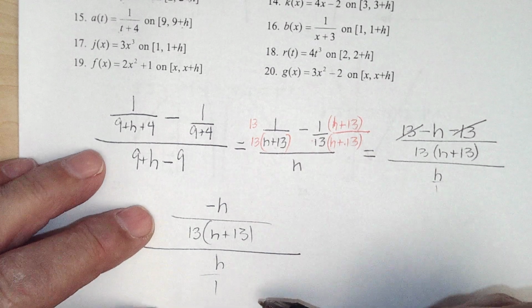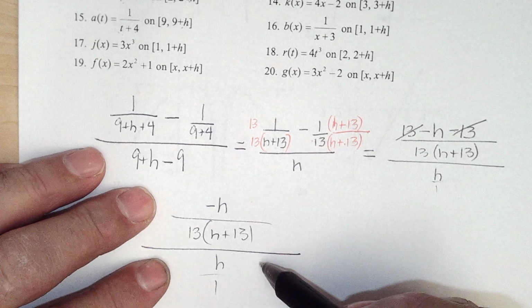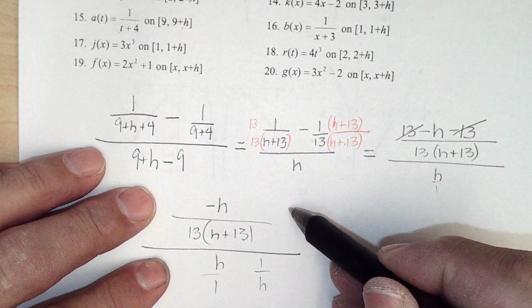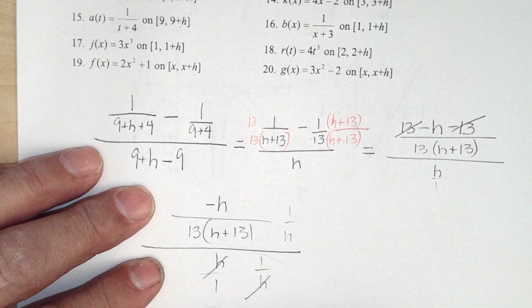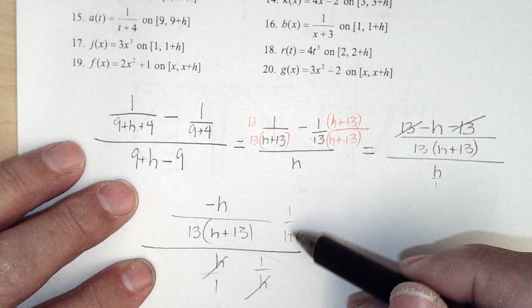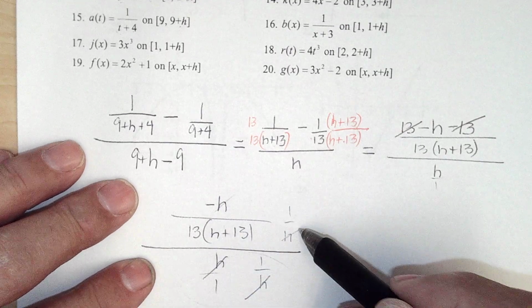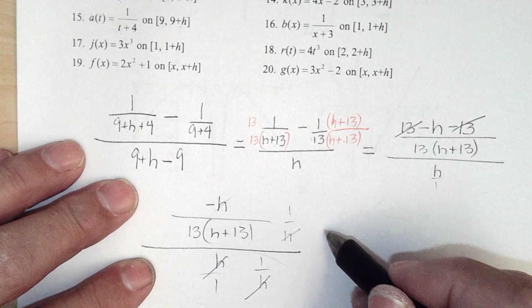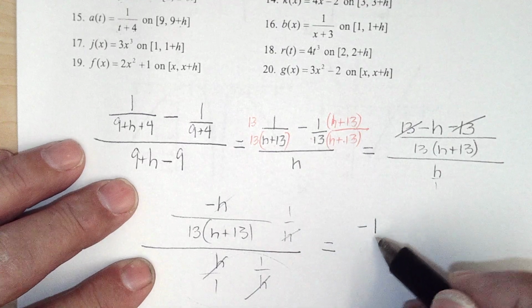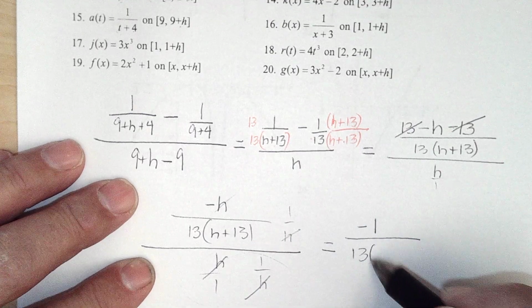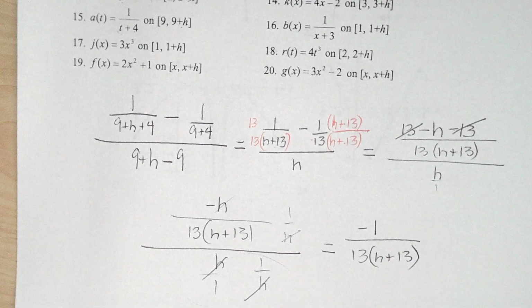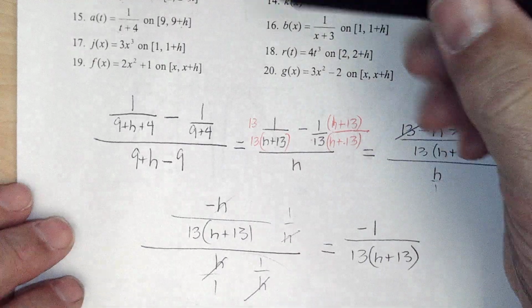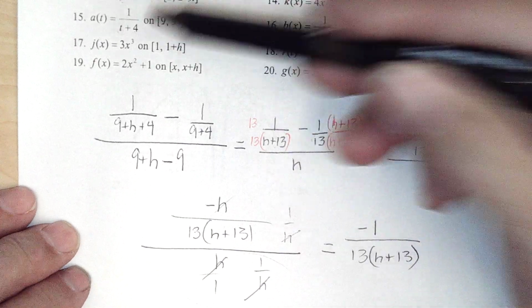And if I multiply by the reciprocal of the denominator, 1 over h, the h's cancel, and I get 1 down here, which doesn't change anything. And the h's cancel, and I get minus 1 over 13 times h plus 13. And that's how to do 11, 13, and 15.